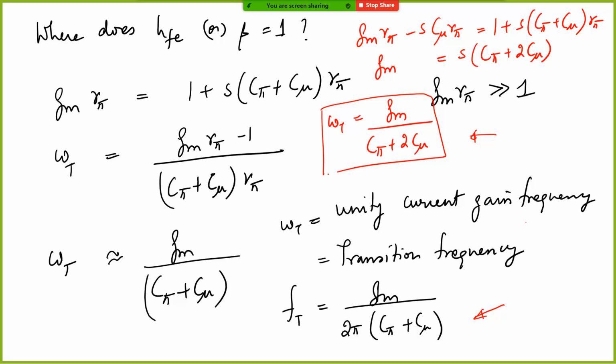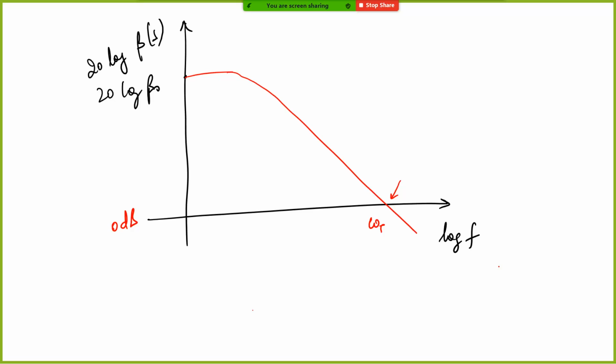Yeah, and the point you made is very valid. The transition frequency FT is typically in the order of hundreds of megahertz. Some transistors can go into even the gigahertz range. If you look at the data sheet of a transistor, you will see these parameters.